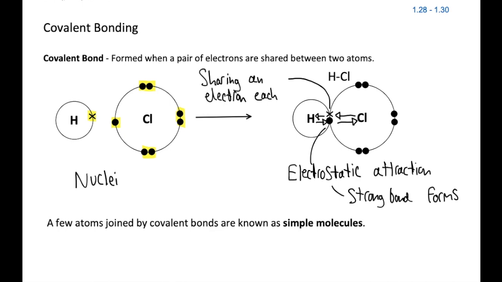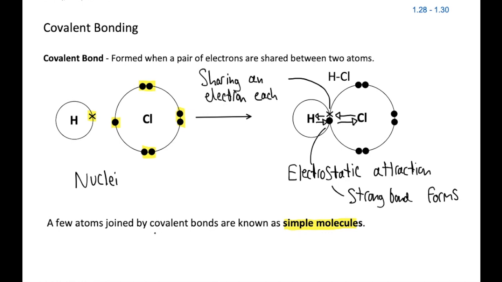So when we have a couple of atoms, or even a few atoms, covalently bonded to each other, this is known as a simple molecule. They're not like ionic compounds that exist in large lattices. These are individual molecules on their own.